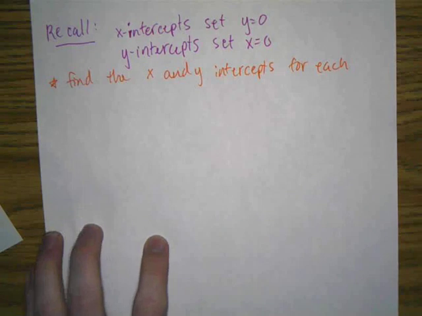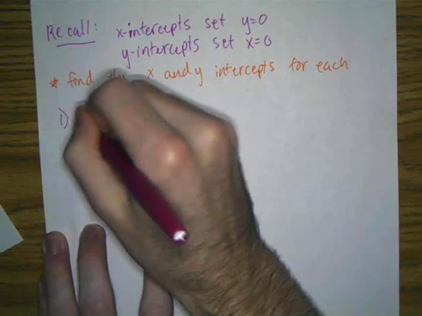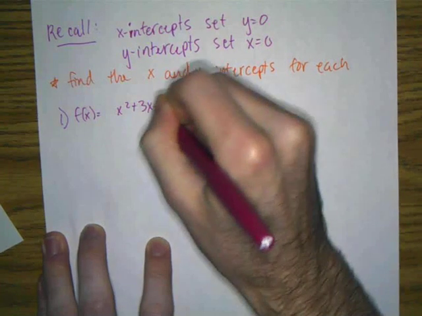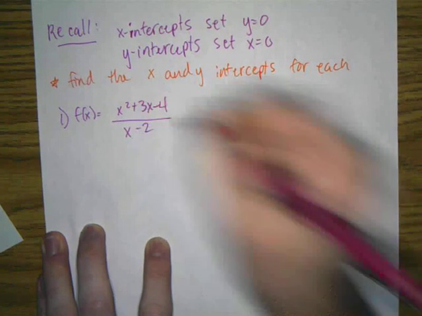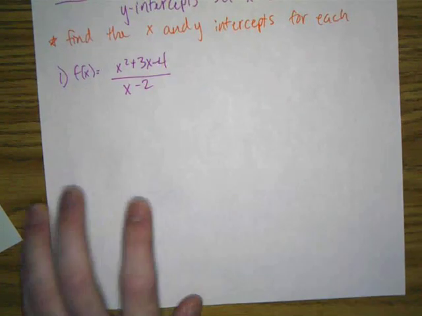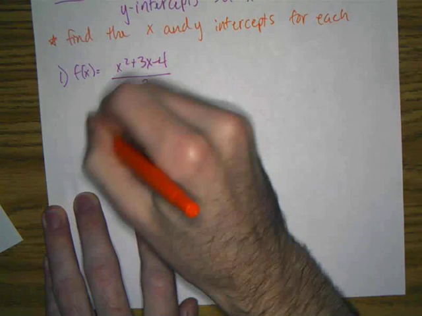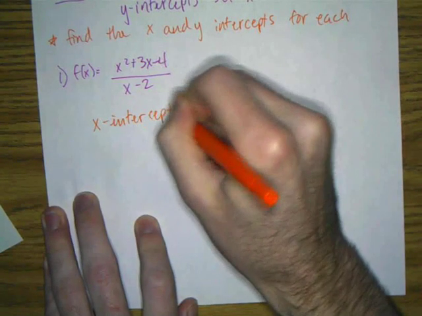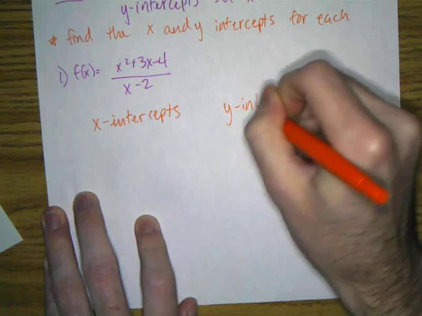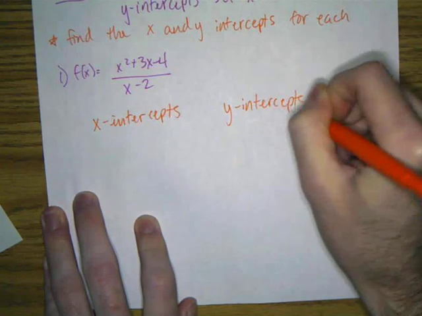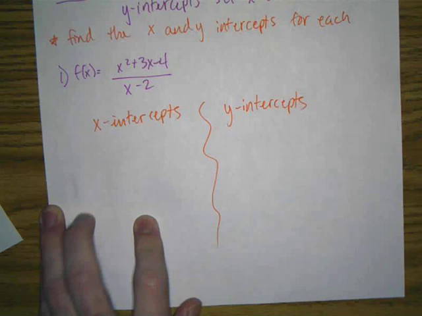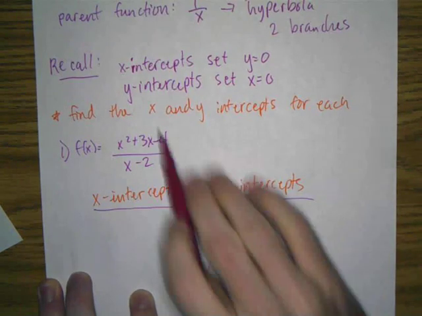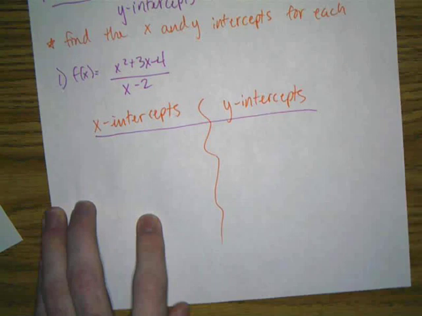Okay, so to start, our first example is f of x is equal to x squared plus 3x minus 4 over x minus 2. We'll start by finding the x-intercepts, and then we'll find the y-intercepts. So just like we said earlier, to find the x-intercepts, we take y and set it equal to 0.